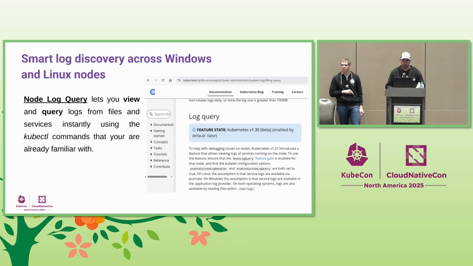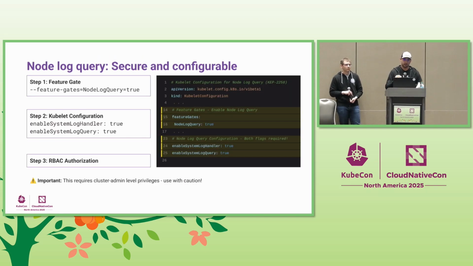So what is node log query? Node log query basically lets you view and query logs for any Windows node and any Linux worker node. Behind the scenes, it queries the kubelet API and extracts the logs directly from the kubelet.